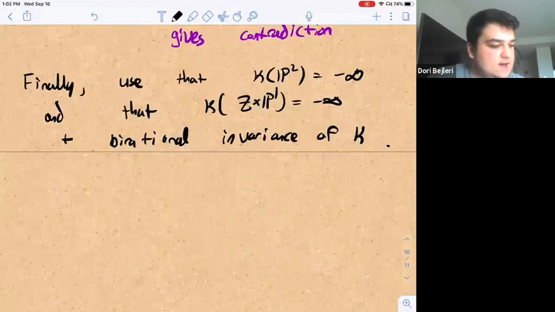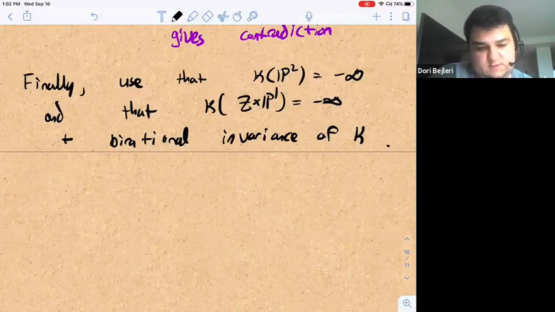Okay, so now I want to give a nice corollary of this.